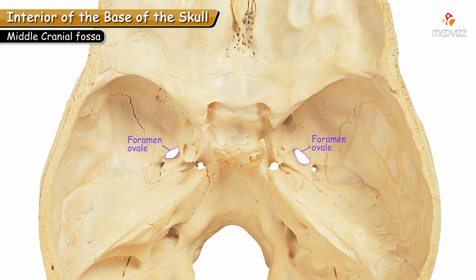Next to foramen ovale, posterolateral to it, the smaller one is foramen spinosum. It is named spinosum because in norma basalis, this foramen is related to the spine of sphenoid, and it leads inferiorly to the infratemporal fossa along with foramen ovale.